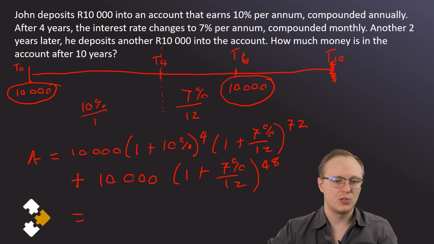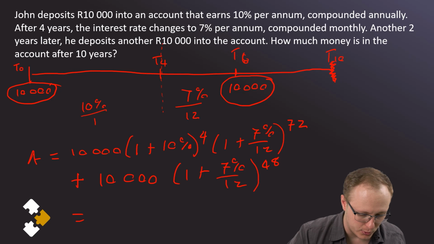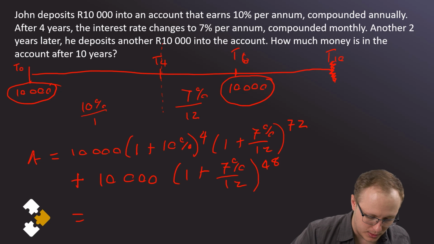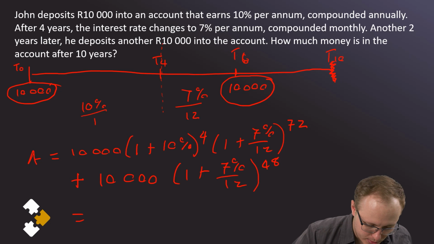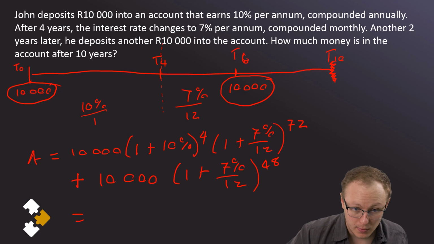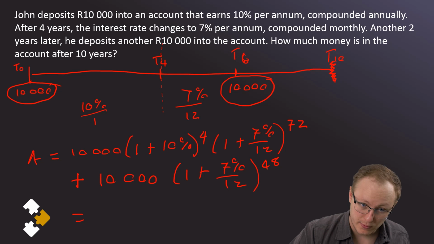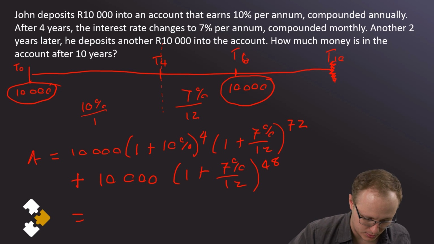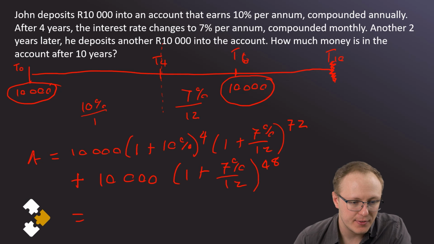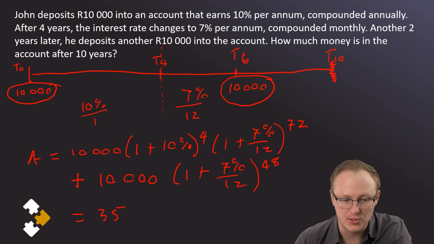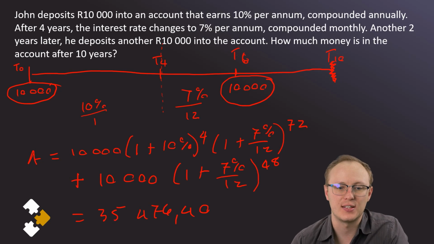And now we should have a nice straightforward calculation where we can go and calculate what the value of the account balance is going to be. All right, and then we should get that in that account after the 10 years we have 35,476 Rand and 40 cents.